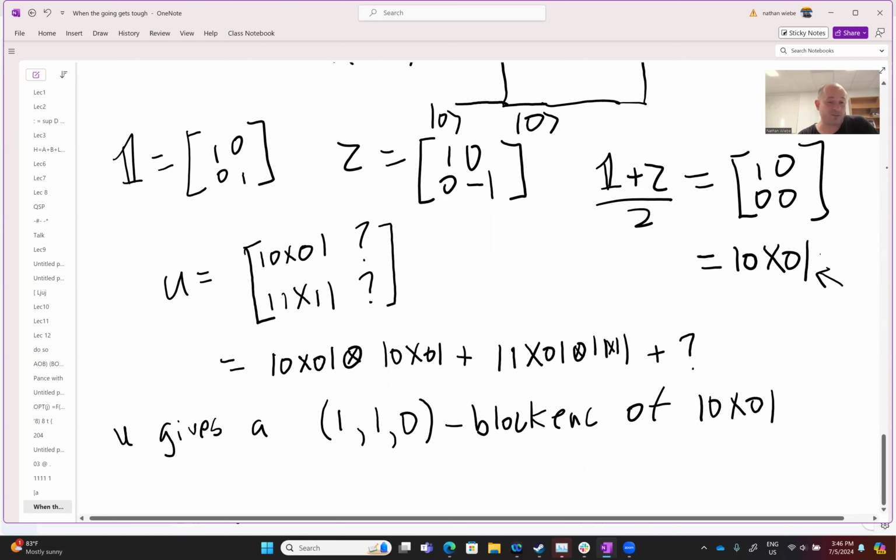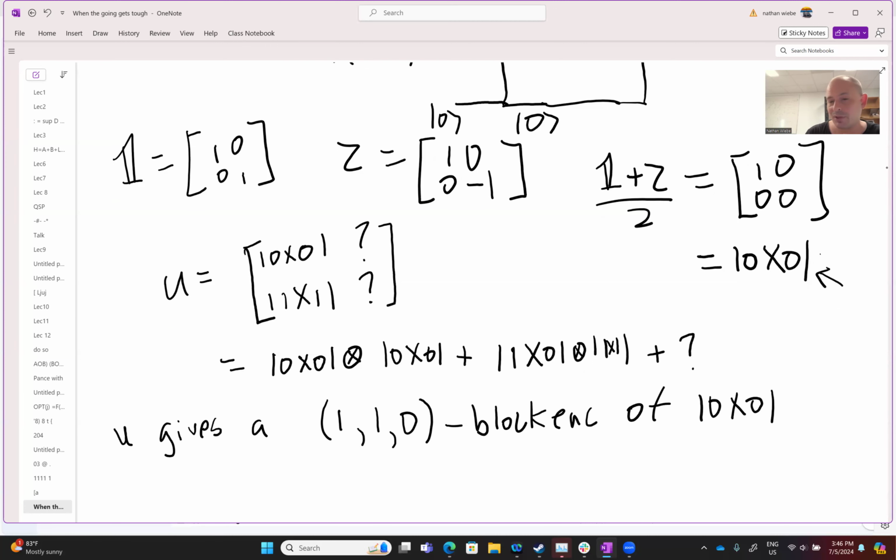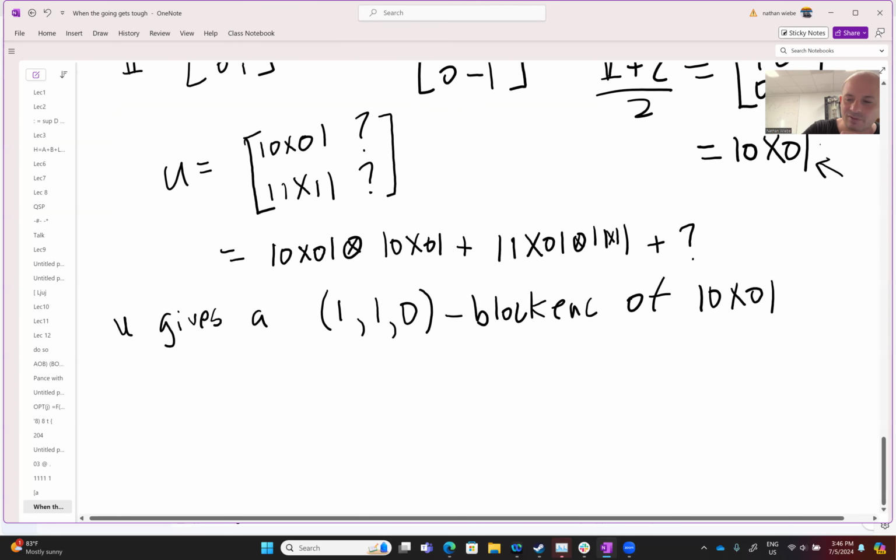So we've made this cool circuit that ends up actually applying randomly either the projection onto 0 or the projection onto 1. Now let's get some context behind this and ask, okay, cool, we've worked this out, but what is the probability of success?